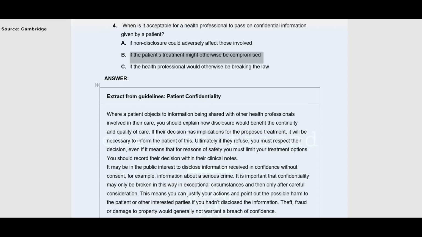No, they cannot, because here you may see ultimately if they refuse, you must respect their decision, even if it means that for reasons of safety, you must limit your treatment options. So you cannot really pass on confidential information if treatment is getting compromised. So option B is wrong. Option C says, if the health professional would otherwise be breaking the law. There is no such information regarding health professional breaking the law. So that's clearly not given. So answer here is A.